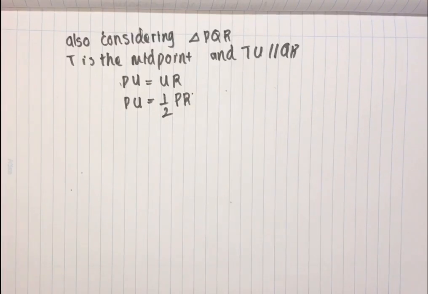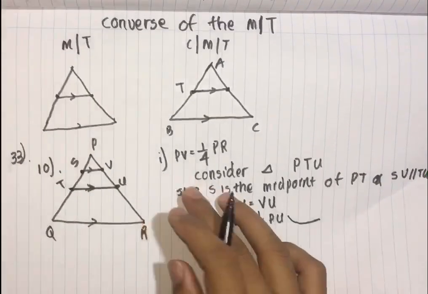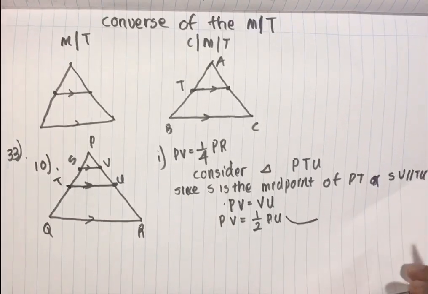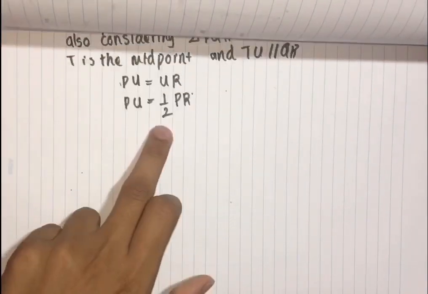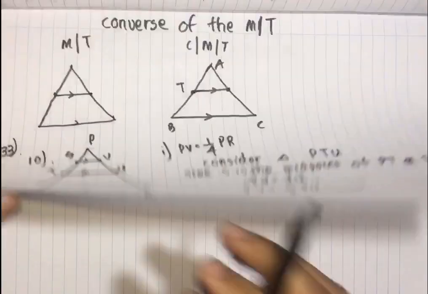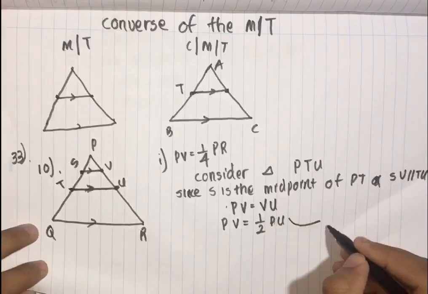Now how do you build a relationship here? Instead of PU, you know that PU is equal to half PR, so you can bring that here.